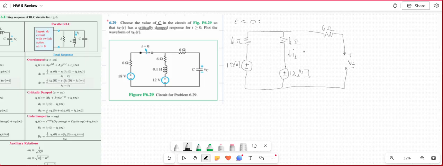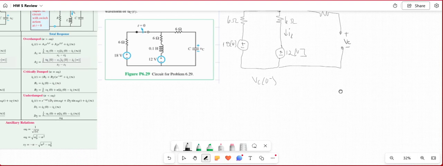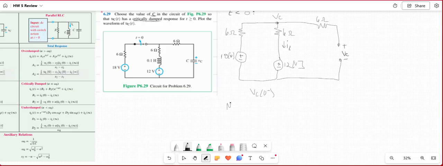Okay, so let's find VC of 0 minus. For VC, we can do a node voltage to find what VC is. So put the ground here. VC minus 18 over 6 plus VC minus 12 over 6 equals 0.